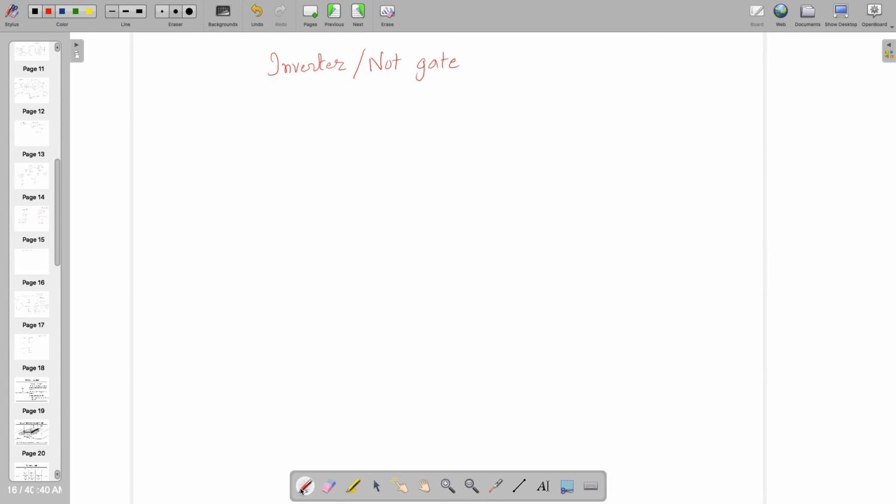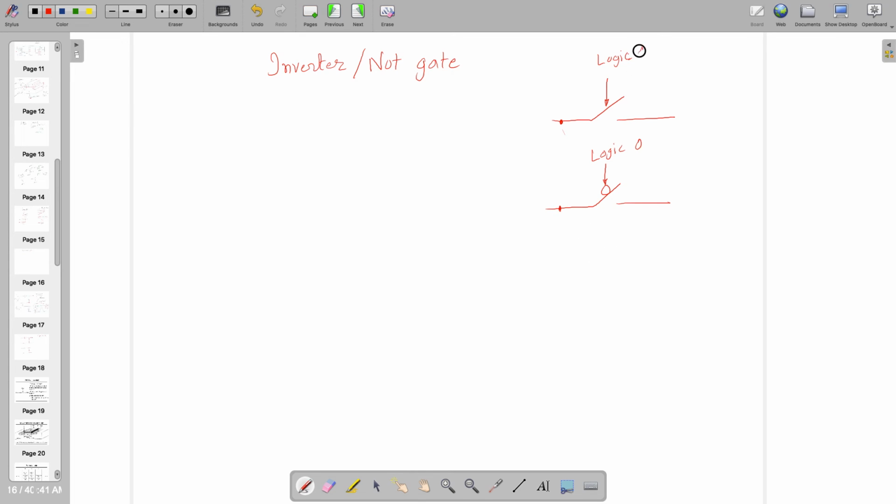Let's assume that there are two kinds of switches. So this switch is the one when I am applying here logic 1, then whatever is available here, it will go this side. But this switch is the one where you apply logic 0 here, whatever is available here, it will go that side.